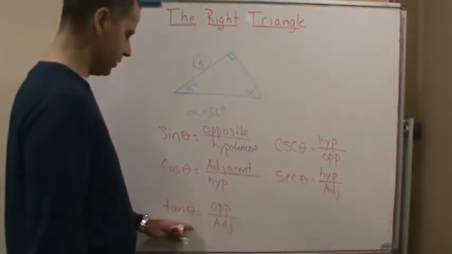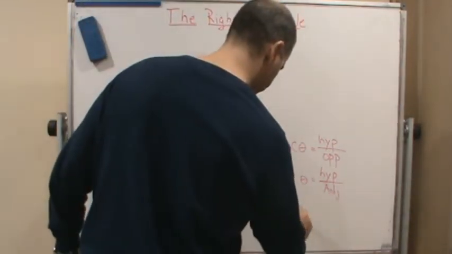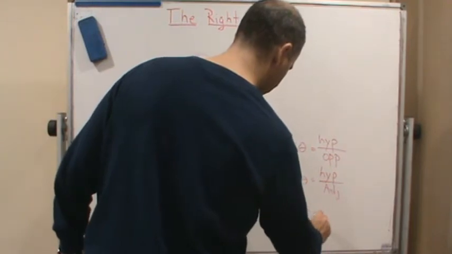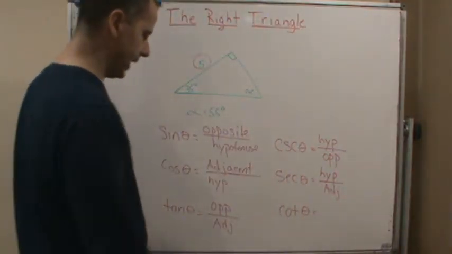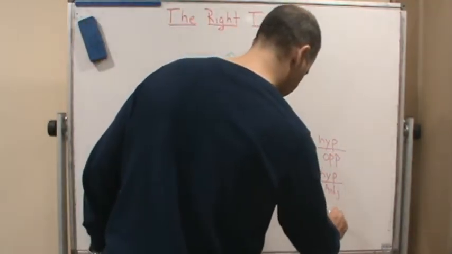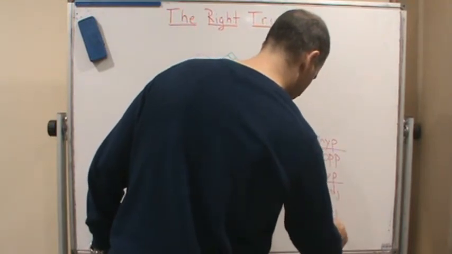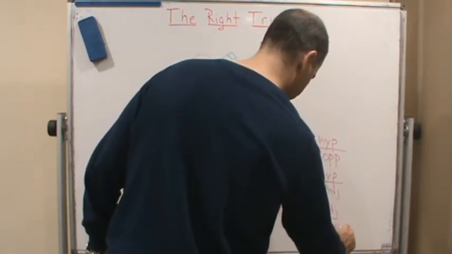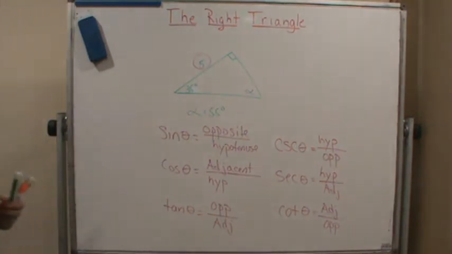And then, of course, cotangent of theta, which is the reciprocal of tangent theta, which is going to be adjacent over opposite. Okay? And so those are the ratios you're going to want to memorize. It's always the same thing.